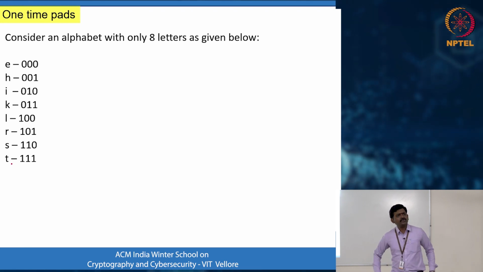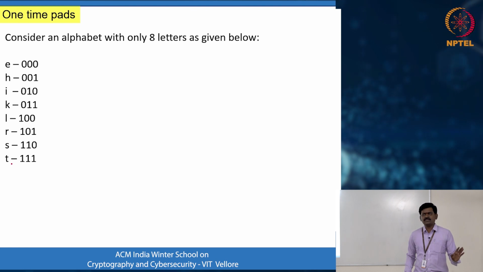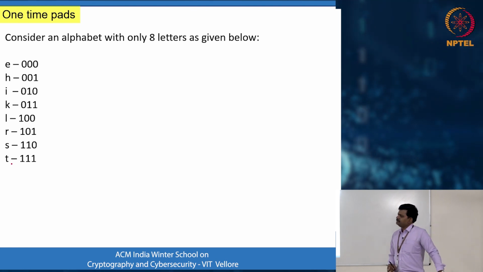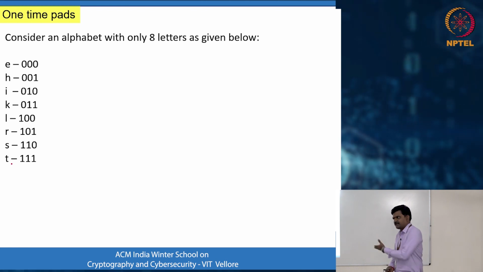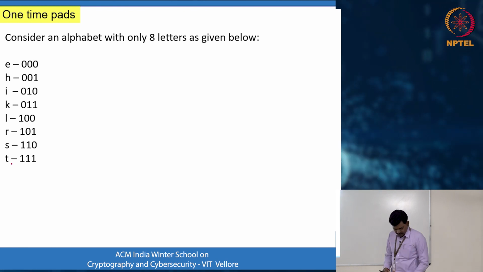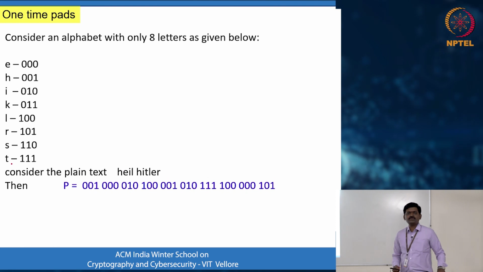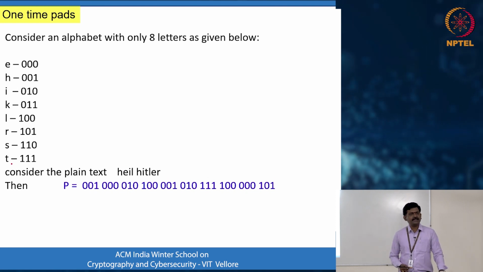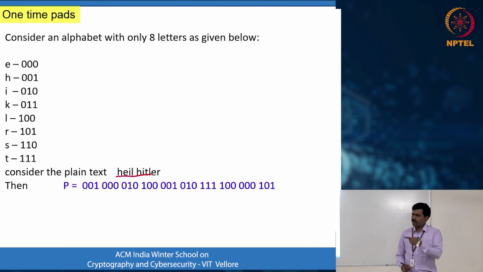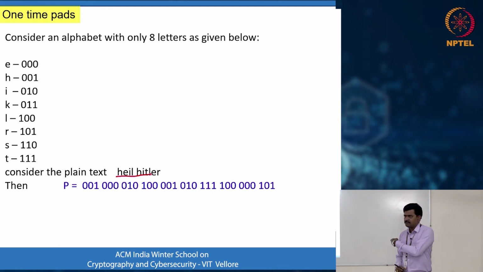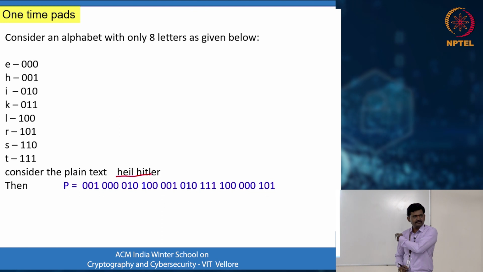So you write any word using this language, and the alphabets will come from this particular language itself. Imagine you have the sentence: Hail Hitler. All the alphabets have come from the same language.